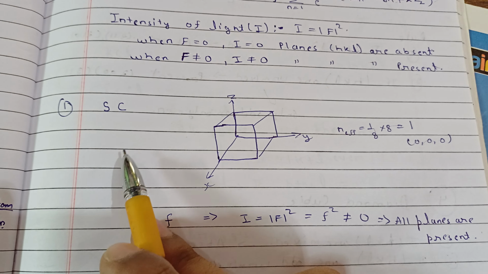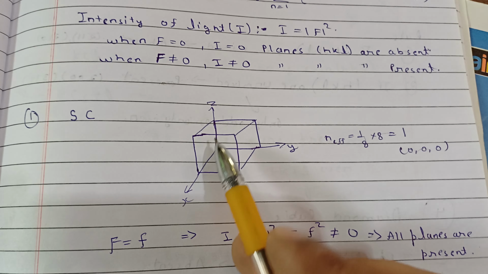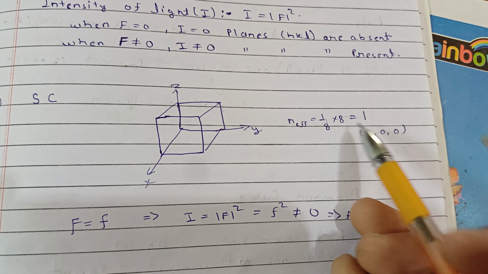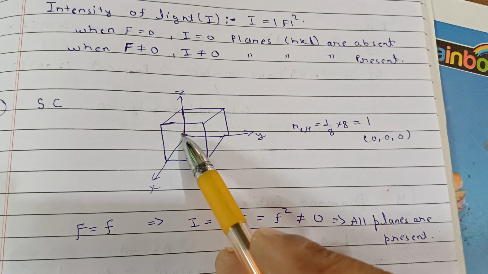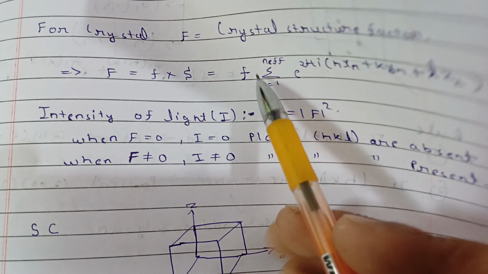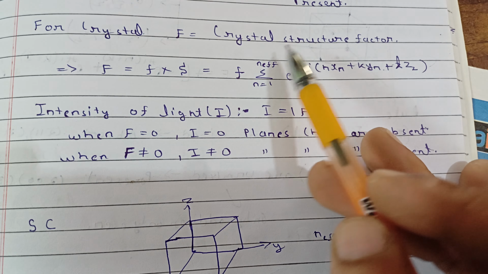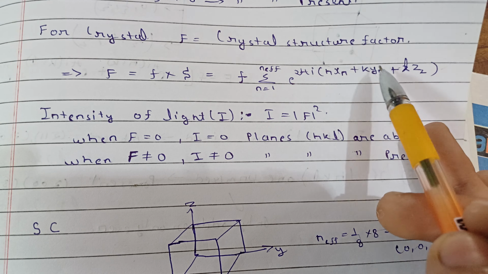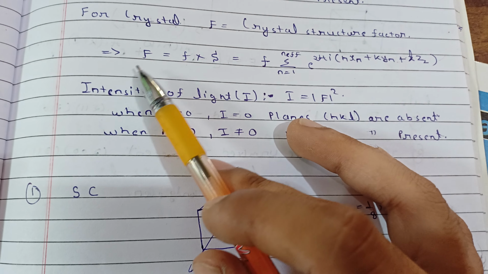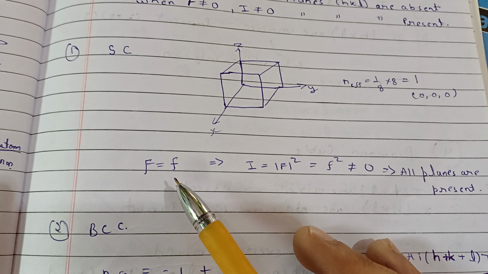Let's see first the simple cubic. For simple cubic, we know N effective is nothing but 1, and we assume that this one atom is at the origin. So the coordinates will be 0 0 0. So from this expression, this f will remain the same, and you will substitute x y z as 0 0 0, so it will give you 1 here. So you will get capital F equal to small f for this simple cubic.